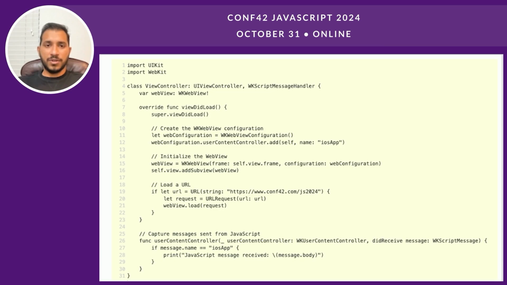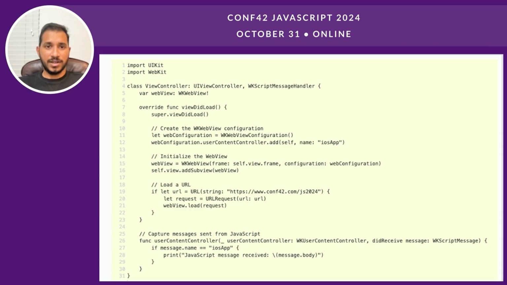So if, for example, I take a URL of our conference42.com/JavaScript 2024, and I want to load this URL inside the native app, we can do it using this URL request, where you load all the features and requests. These functions are basically the user content controller, where you create and pass the WKUserContentController, and in didReceive, you just have to handle the WKScriptMessage.